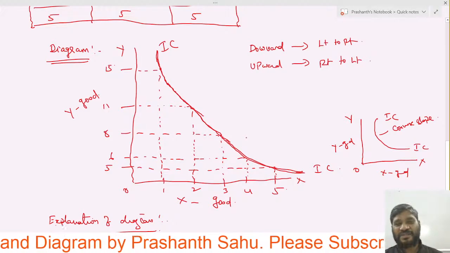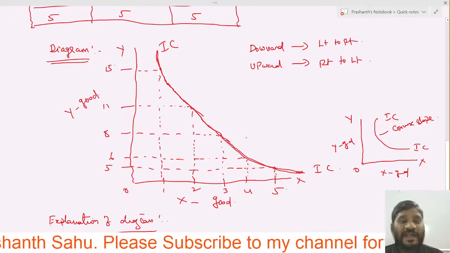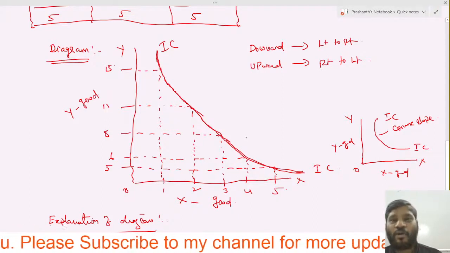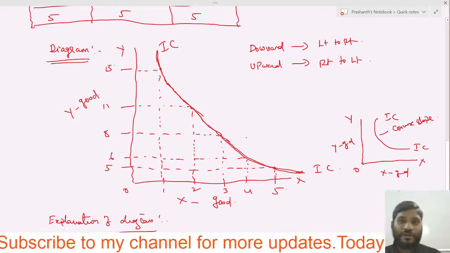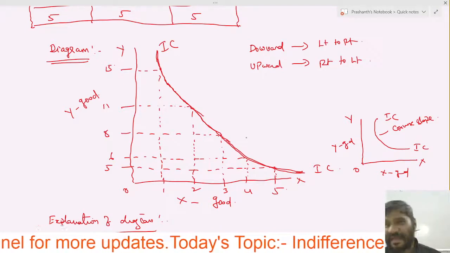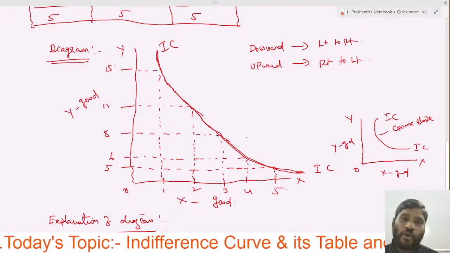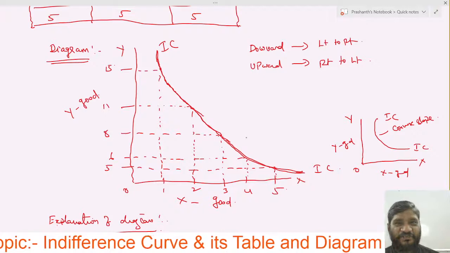So this is the information related to the indifference curve, and this is one of the best examples of ordinal utility. So this is also called ordinal utility analysis or indifference curve analysis. I hope I'm justifying you.